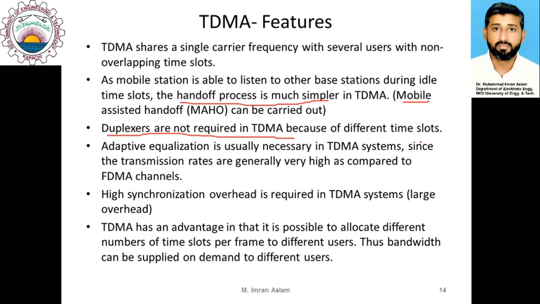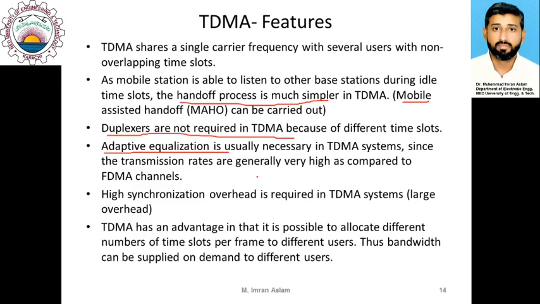For the TDMA system, adaptive equalization is usually necessary because the transmission rates are generally very high as compared to FDMA channels, and that high transmission rate sometimes results in inter-symbol interference, causing distortion in the system. In order to compensate for that distortion, we need adaptive equalization in these TDMA systems.